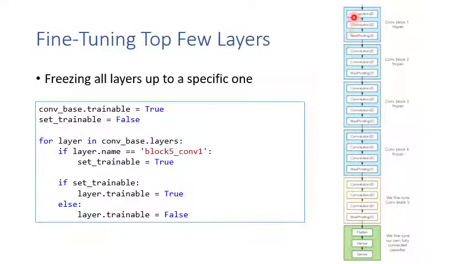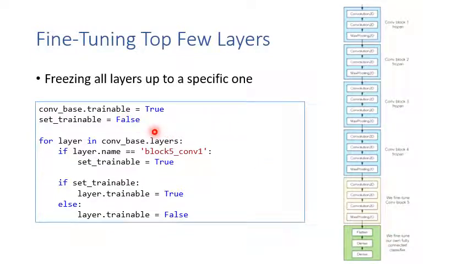Sorry, the bottom is at the top here. There are actually 5 blocks in a VGG model. Each block has several convolution layers and 1 max pooling layer. In this case, we will freeze the first 4 blocks and fine-tune only the 5th block. And finally, we will train a new classifier for the cats and dogs dataset.